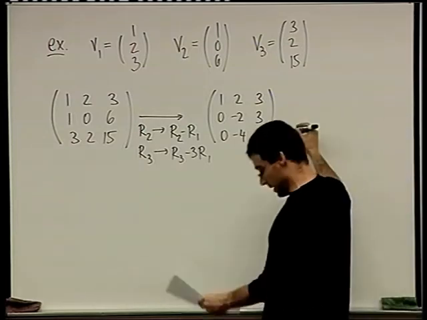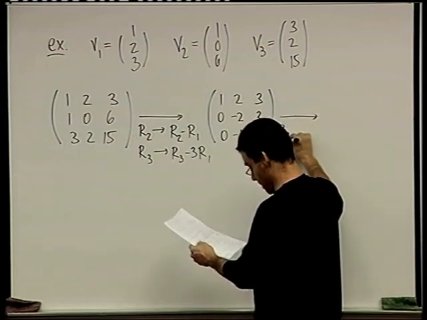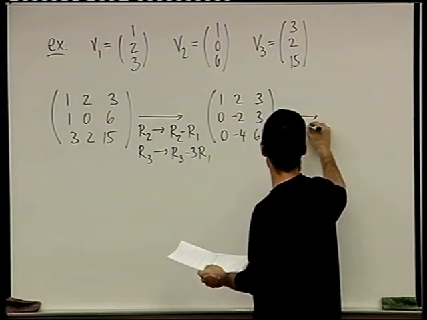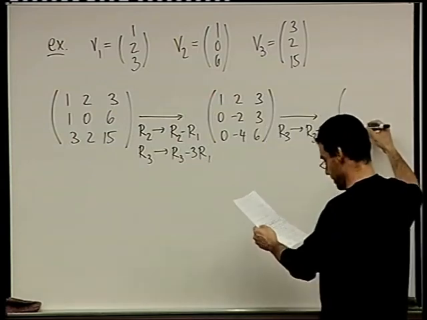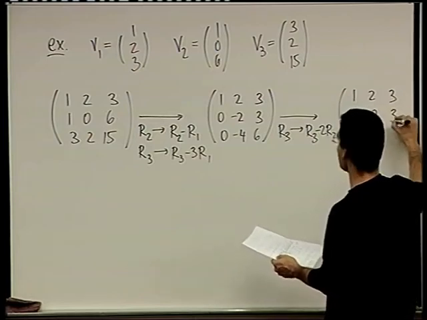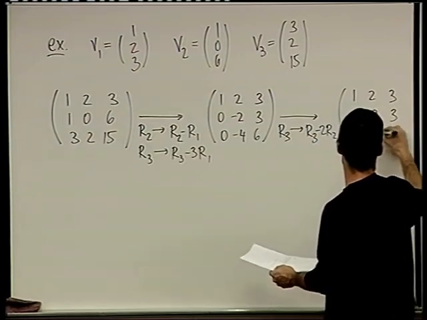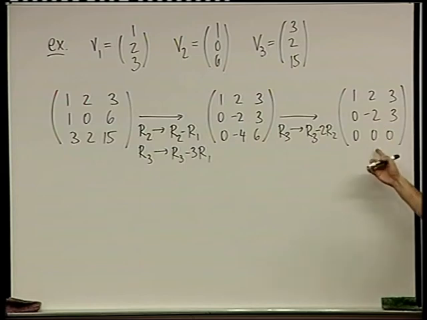Okay. Next step. I'm going to take R3 and subtract 2 times R2. And I'm going to get 1, 2, 3, 0, negative 2, 3, and 0, 0, 0. Good? That's it. This is echelon form, right? There is a row of zeros.